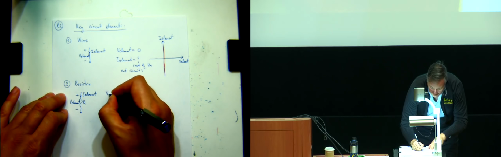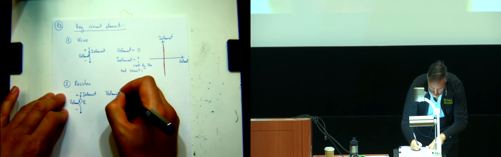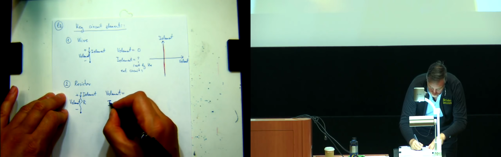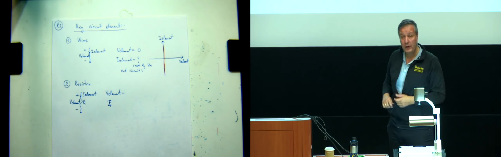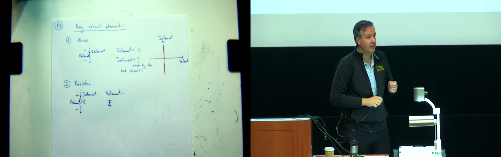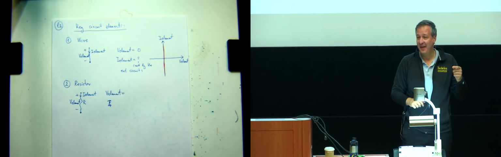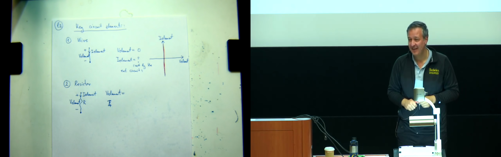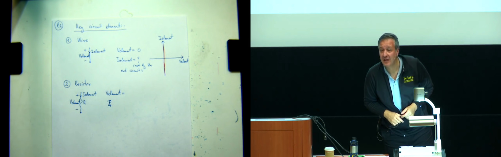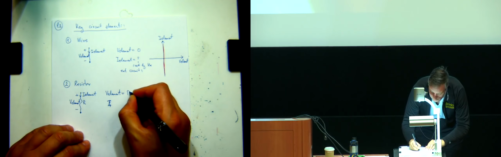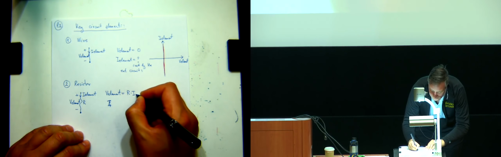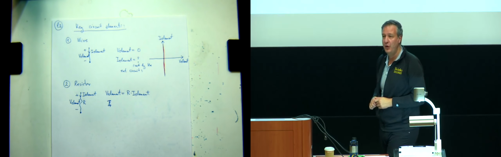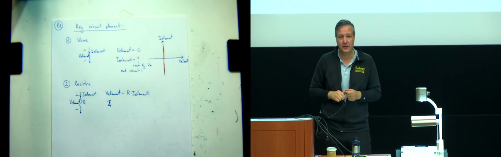In this case, let's just look at V element. What is V element? Okay. Anyone else? I know you know. Yes. R times I element. Yeah. So it's R times I element. Does anyone know what this expression is?